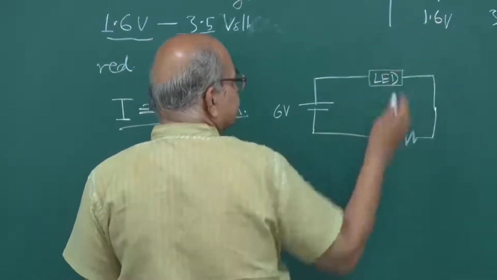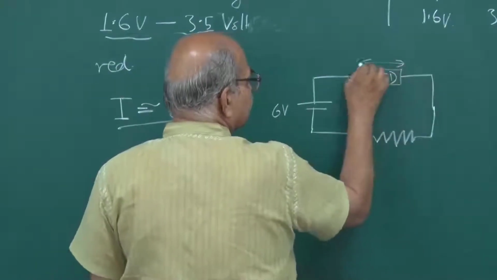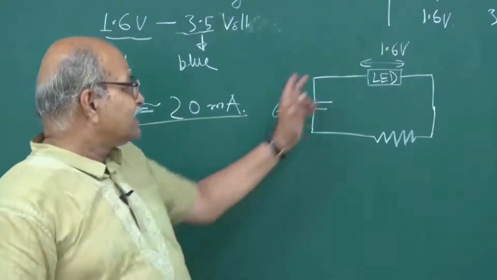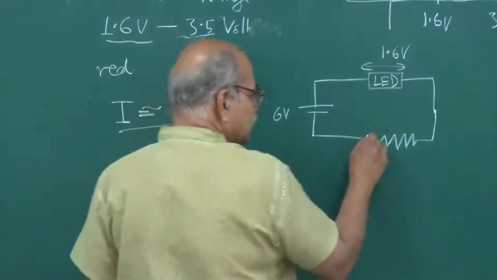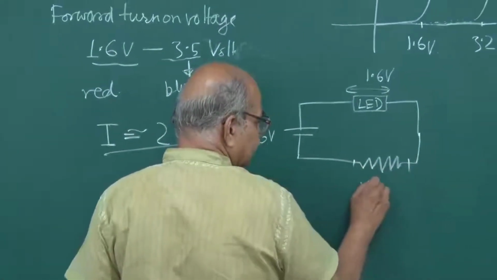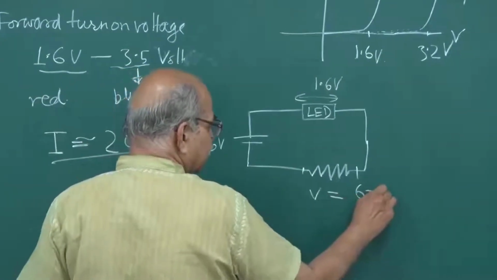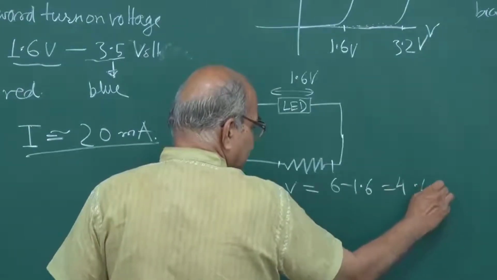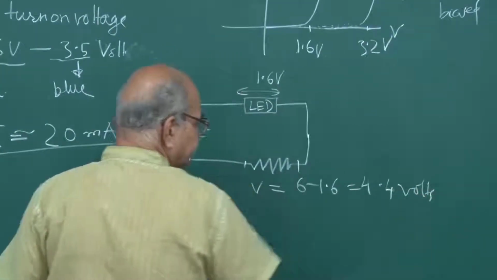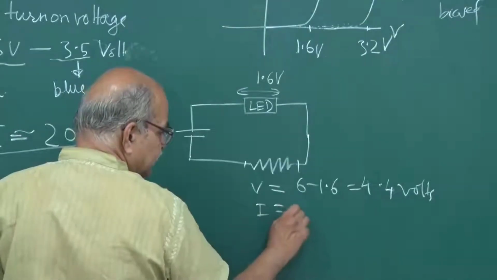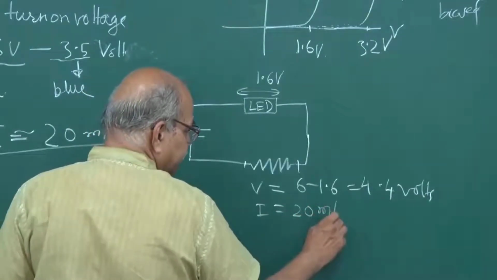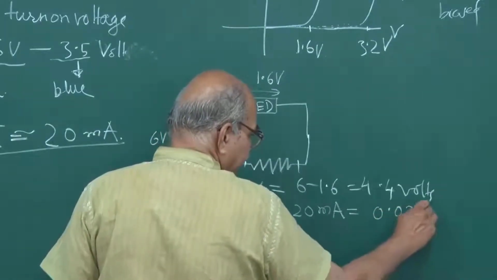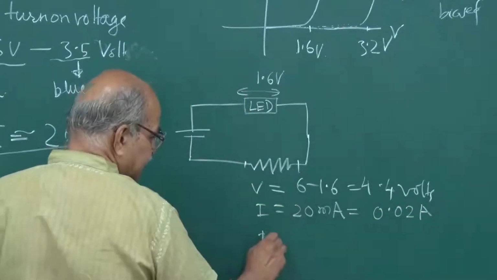Suppose this is a red LED, then the voltage drop here will be 1.6 volt or so. The rest is across the resistance. How much is this potential difference? It is 6 minus 1.6, and that is 4.4 volts. If you want I to be 20 milliamperes, that is 0.02 amperes, then what should the resistance be?